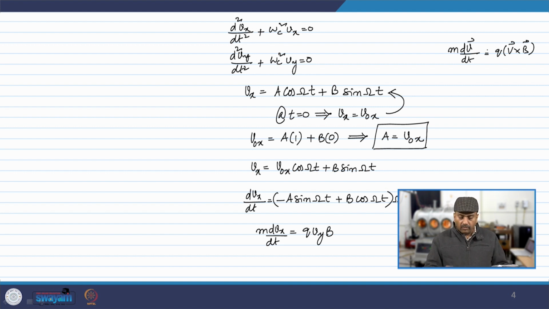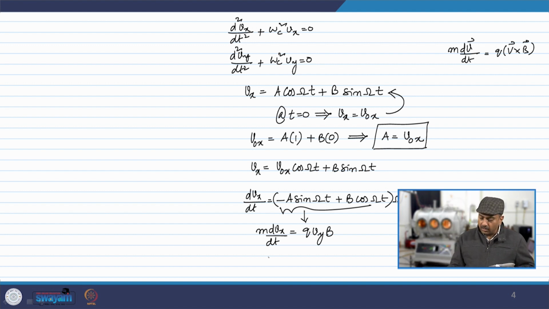So, this will give you m dVx by dt is equal to q Vy b, right. So, we also have dVx by dt equal to this. So, both of the things are the same, or for more convenience, we will write dVx by dt is q Vy b by m.